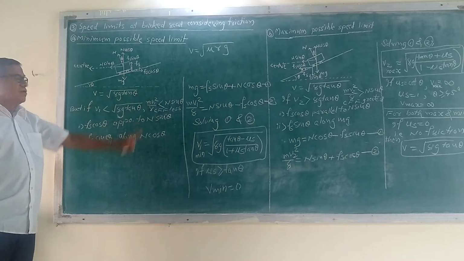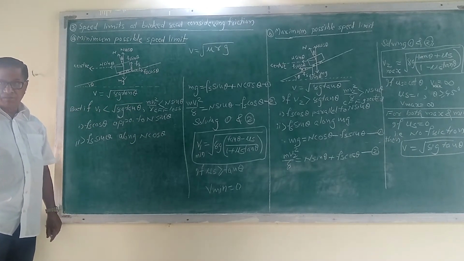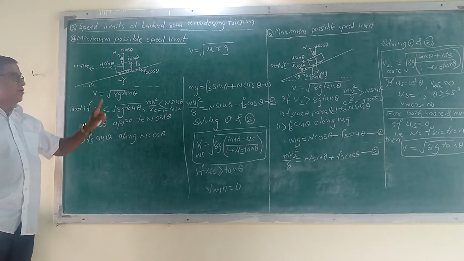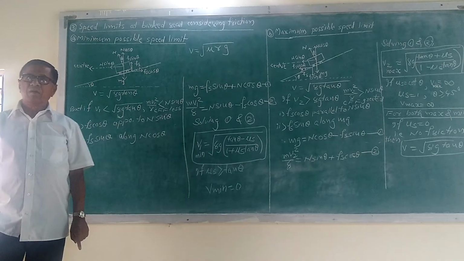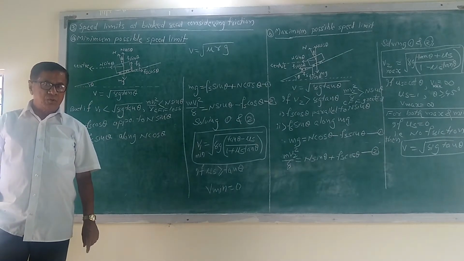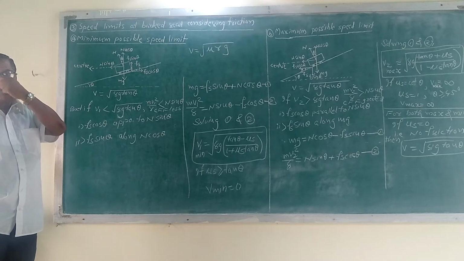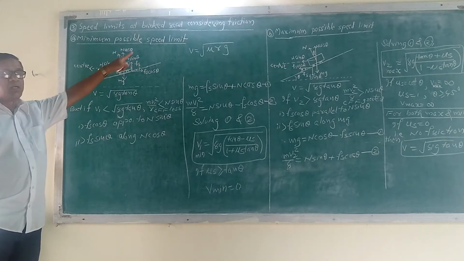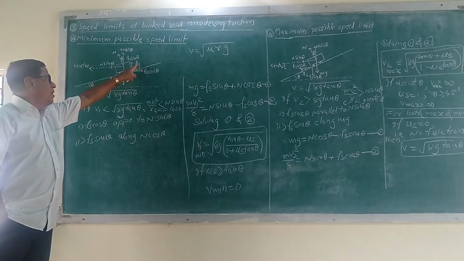In this case, the centripetal force is less. Here we have taken v1 less than root r g tan theta, where the force due to friction is in the upward direction along the road surface. This is the direction of the force of friction Fs.